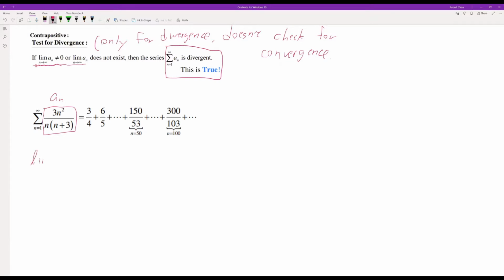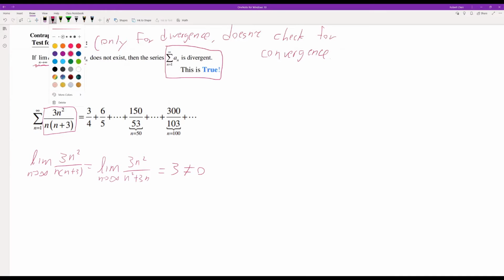So let's say the limit as n approaches infinity of 3n squared over n times n plus 3. Now we can distribute the denominator, and we get the limit of 3n squared over n squared plus 3n. Same degree polynomial, so this is going to go to 3, which is not equal to 0, right? Remember, for the test for divergence, we want to show that it's not equal to 0.